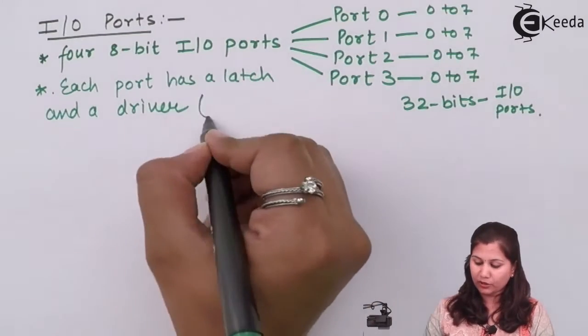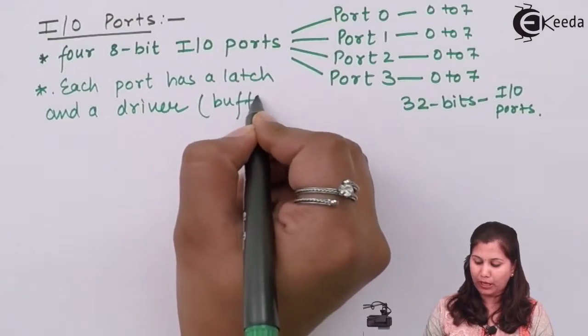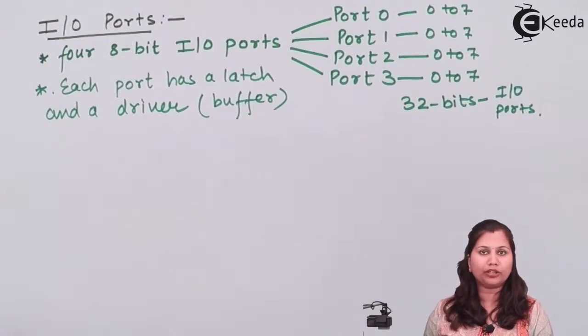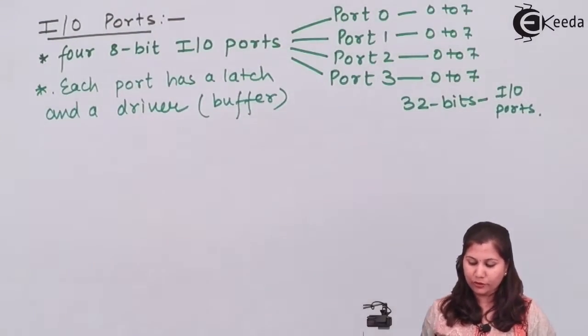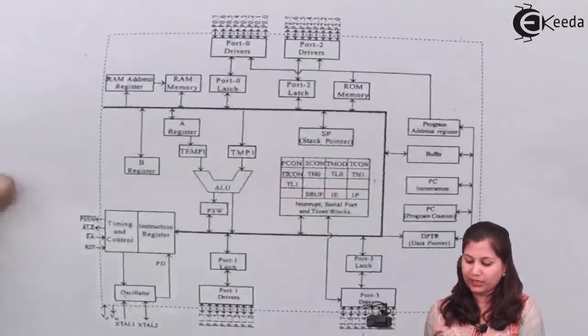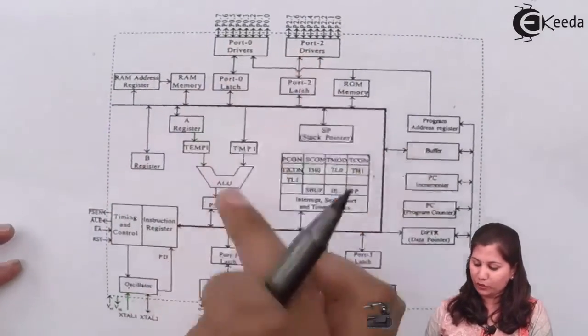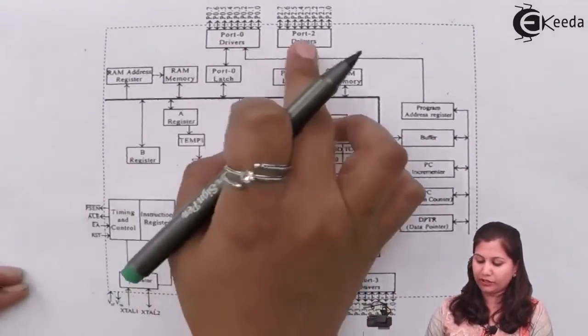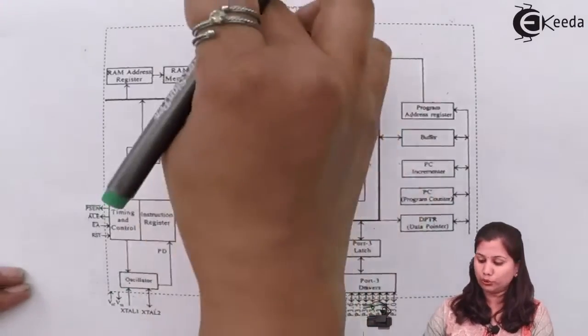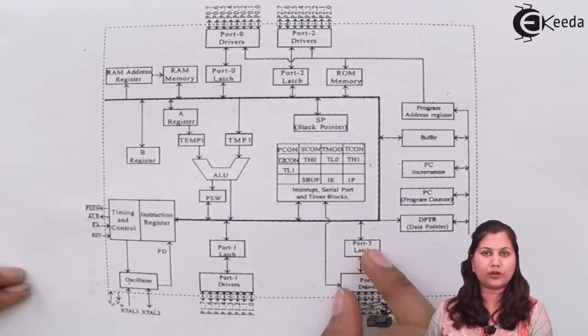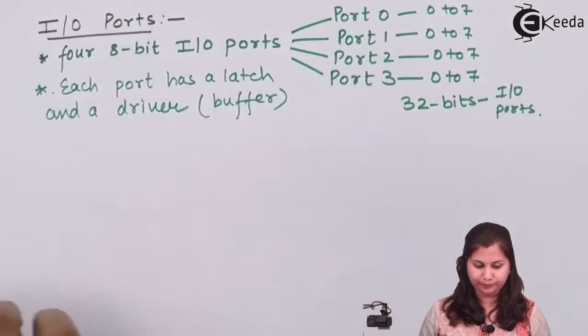And the driver is also a buffer, so it is used to amplify the input of the ports. So each port has a latch and a driver. In the block diagram also you can see that for port 0, 1, 2 and 3 we have the drivers and a latch also. So two blocks are associated with each of these 4 ports.